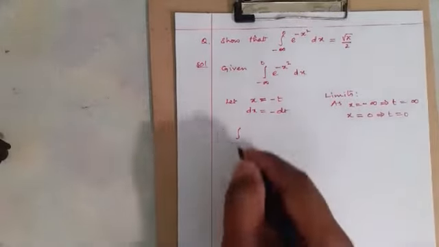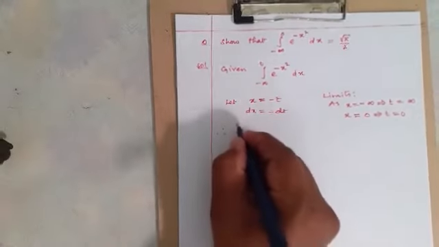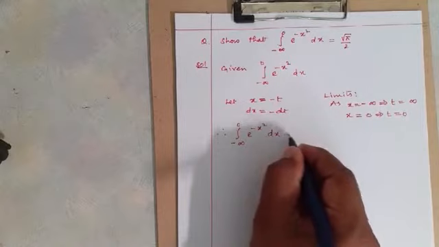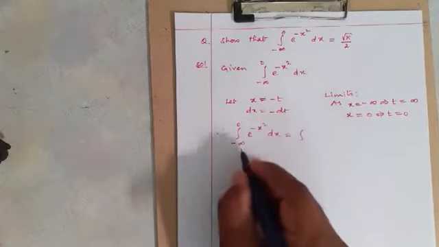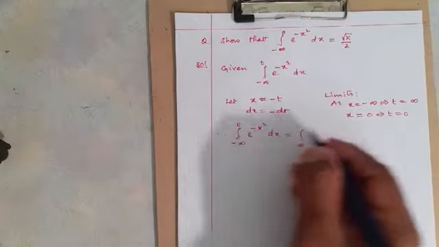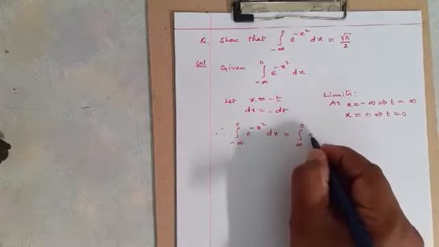Now what is given here? The integral from minus infinity to 0 of e power minus x square dx is equal to, now when you take the limits, in the place of minus infinity we have infinity and in the place of 0 we have 0.